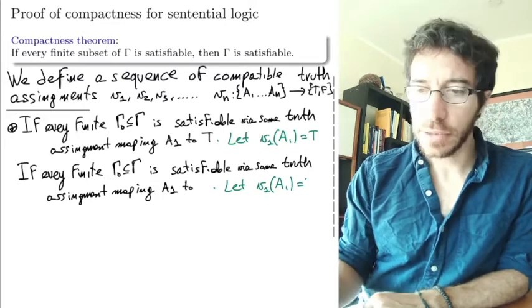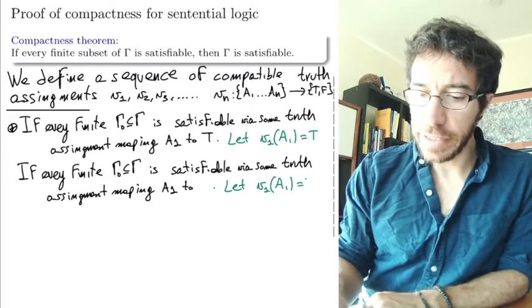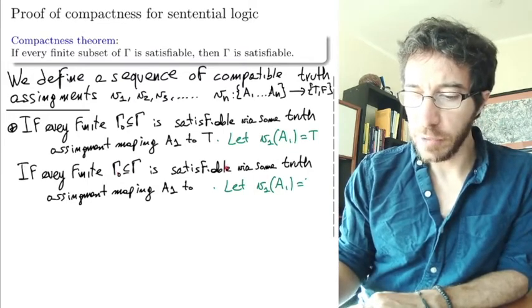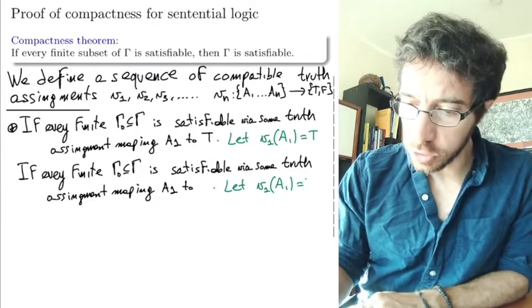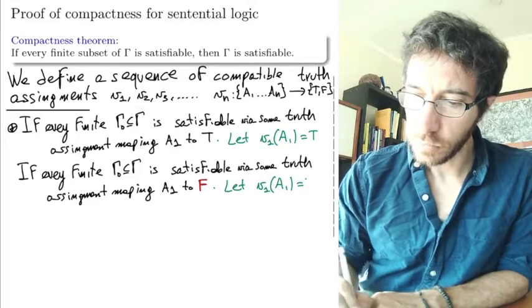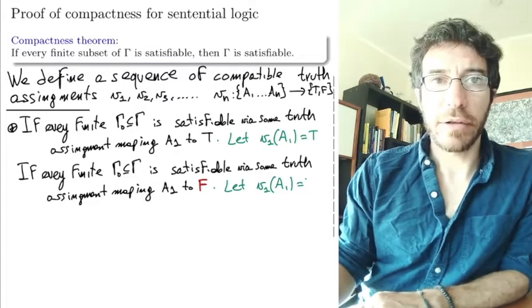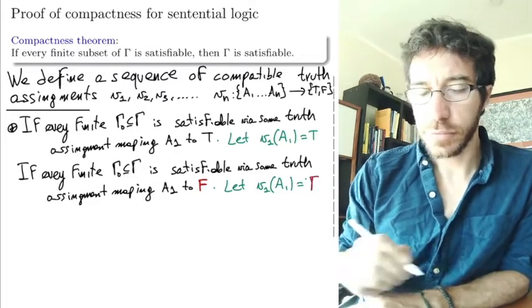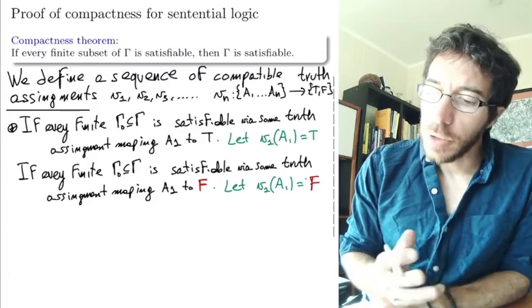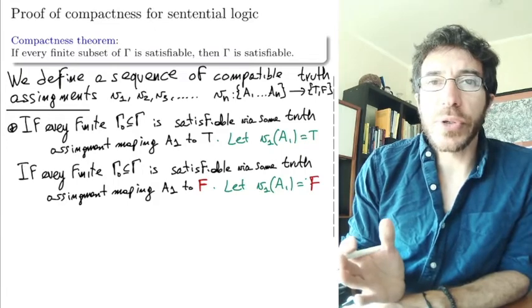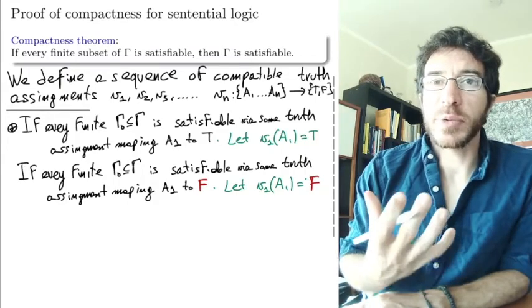Now, if every finite subset gamma 0 of gamma is satisfiable via some truth assignment that maps A1 to false, we're going to let V1 of A1 be false. Okay? So in principle, we know that every finite subset is satisfiable by some truth assignment.